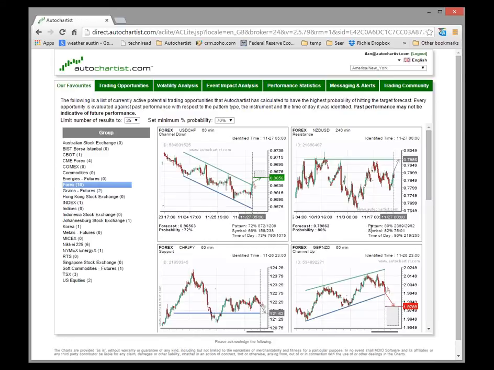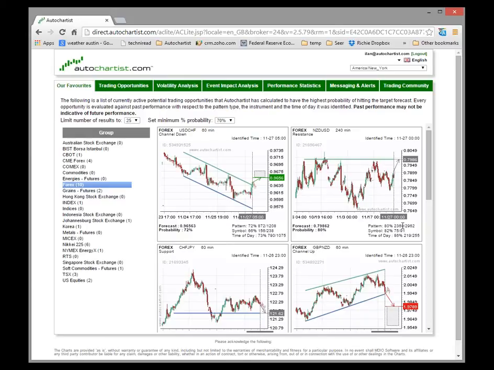So if you look at something like CAD-JPY and look at the previous performance stats, there's close to an 80% probability that this CAD-JPY forecast will actually hit its forecast region of 104.90. Again, I need to disclaim that past performance might not be indicative of future performance, but certainly that's what the empirical evidence shows.